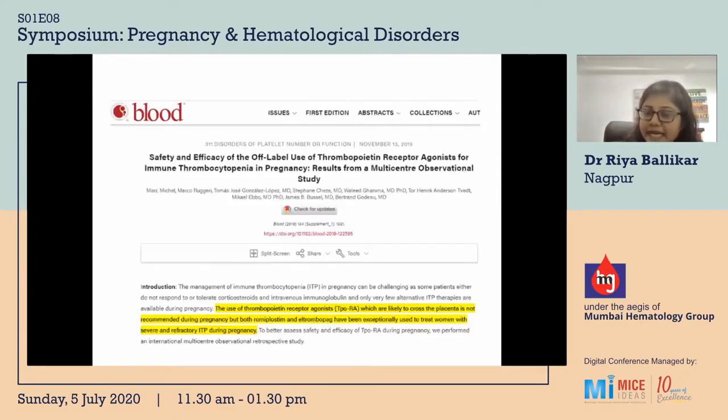But of late, there are some isolated case reports, and I came across this article, which is a multi-center observational study, published in Blood, November 2019, where they have studied 13 patients who have received eltrombopag or romiplostim, and they have found that short-term use of this, short-term is when we are just contemplating delivery and the platelet count is just not increasing, so maybe a 7-day course or a 14-day course, has not been associated to cause any major side effects in the baby. So off-label, some people are using it.